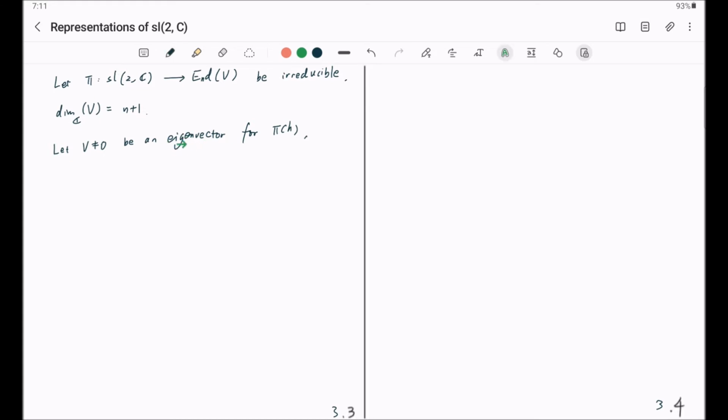The definition of the eigenvector says pi of h applied to V is equal to some scalar lambda multiple of V. The existence is guaranteed by the algebraic closedness of this field. C is algebraically closed, so there's an eigenvalue and thus an eigenvector.